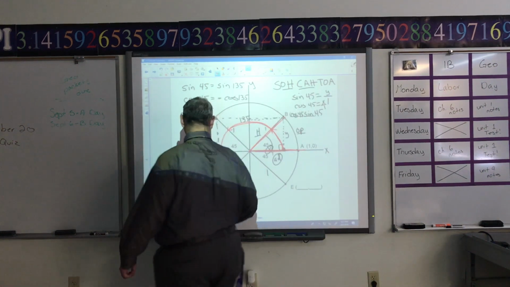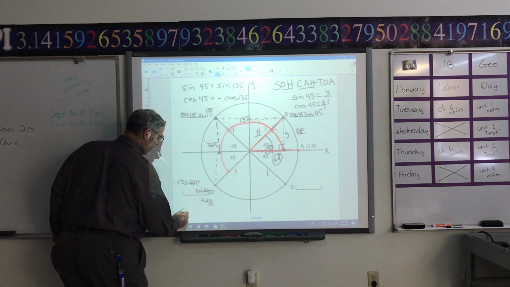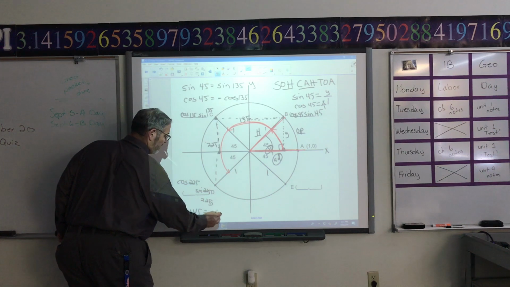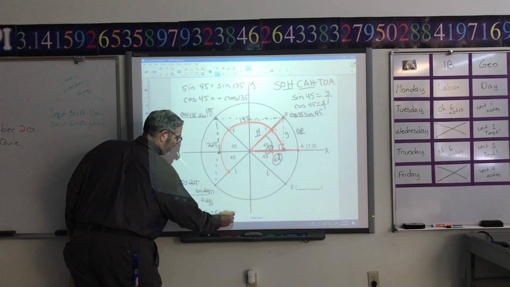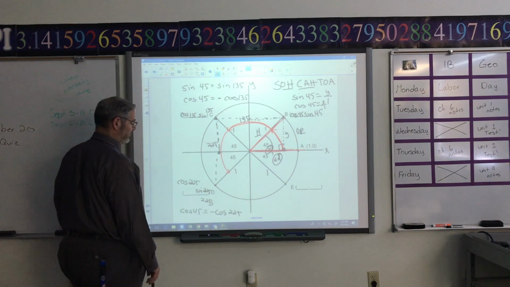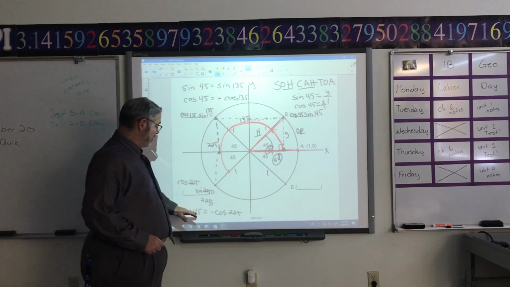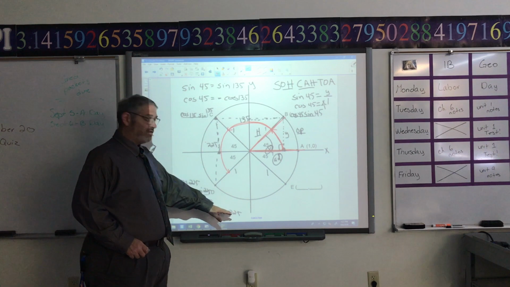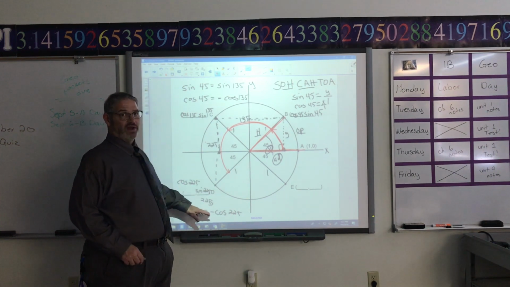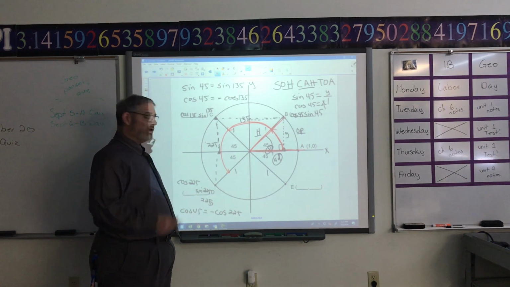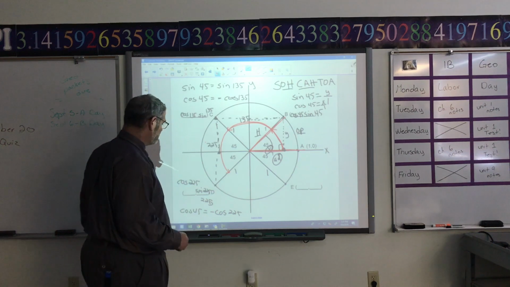So the cosine of 45 is going to be equal to the negative of the cosine of 225. Or you can say that vice versa. The cosine of 225 is going to be the negative of cosine of 45. We'll address that in class.